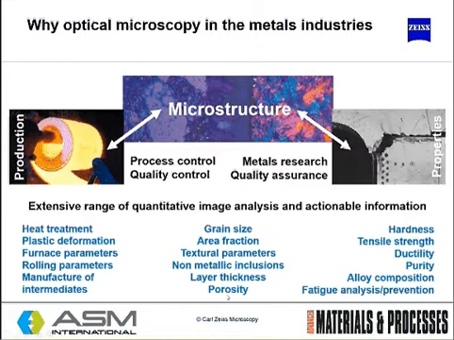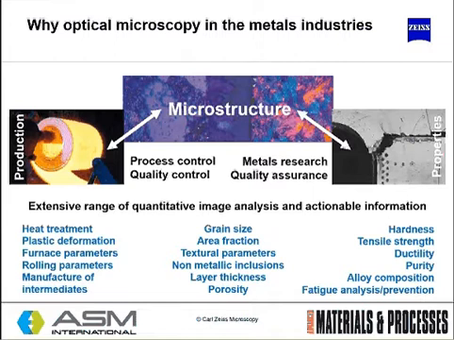So, as we can see, a typical range of information from the LM includes grain size and area fractions of the multi-phases within a structure, textural parameters and topography, and you can also measure texture down even to the nanometer level using LM, using different techniques.